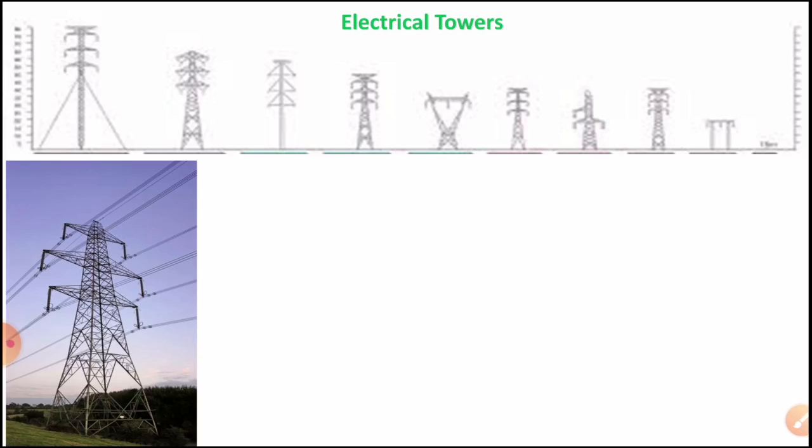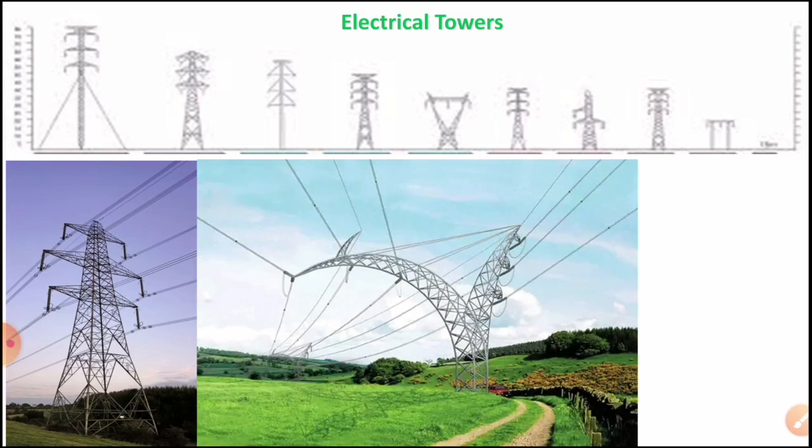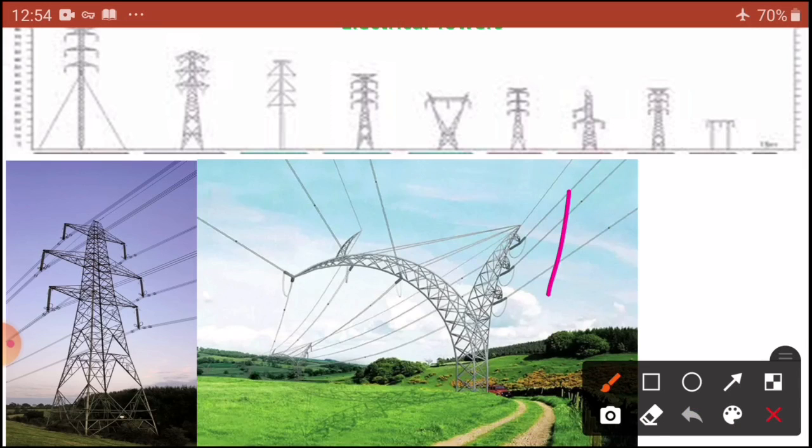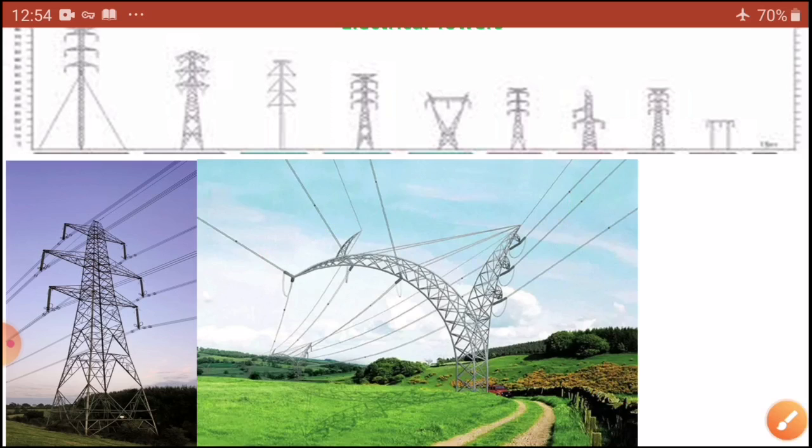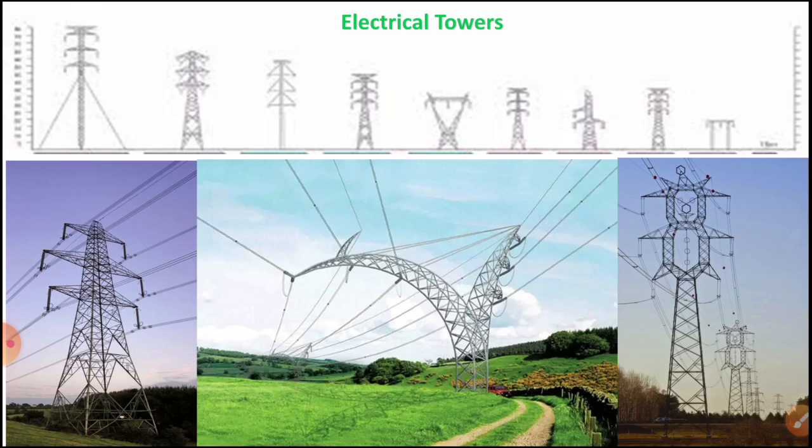At a glance, you can see this is one of the interesting towers. This is a double circuit: this is one circuit, this is the other circuit. You can see another, a robotic tower also. This is another interesting robotic tower.